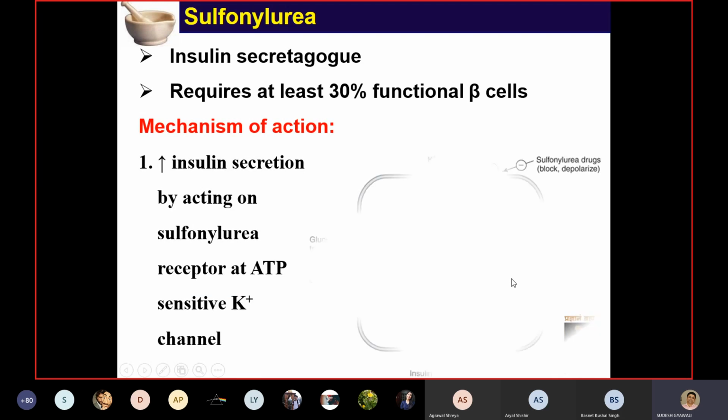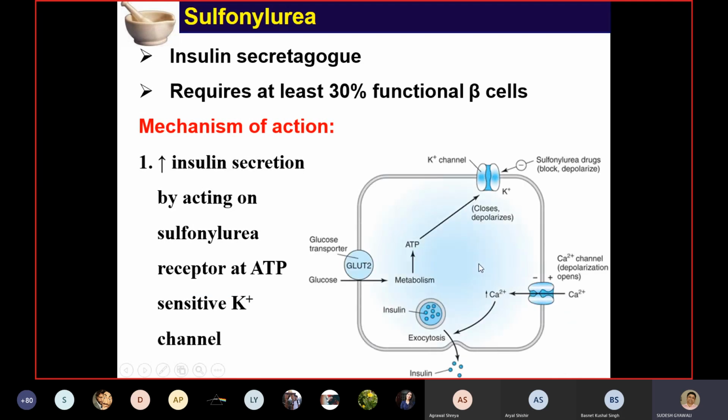Mechanism of action. Same diagram again I will be using. We have discussed already that when the glucose level in the blood increases, glucose is transported into the beta cell of the pancreas with the help of GLUT transporters.